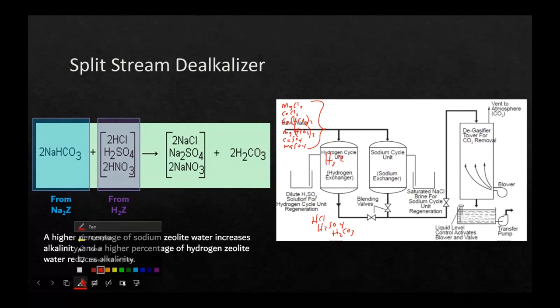So what we do then is we see what's going to come out of the sodium zeolite unit. And what's coming out of that one is going to be sodium chloride, table salt, right? Not a big deal. And we're going to get sodium sulfate, which is not a big deal because that's going to form in our boiler anyway, since we're using sodium sulfite oxygen scavenger.